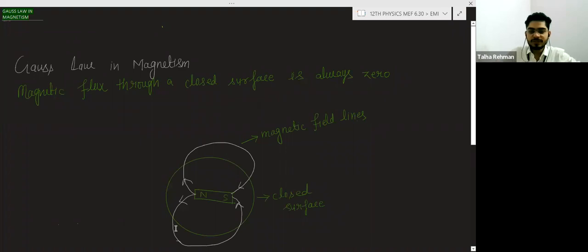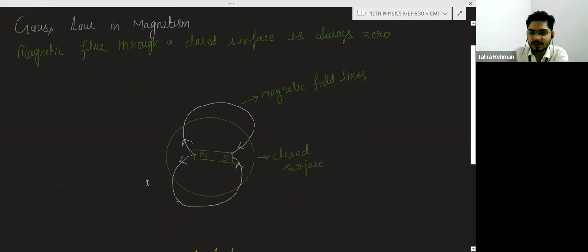So basically why the magnetic flux is zero, because entering flux is equal to the leaving flux. Two magnetic field lines are leaving the surface, and two magnetic field lines are entering the surface.